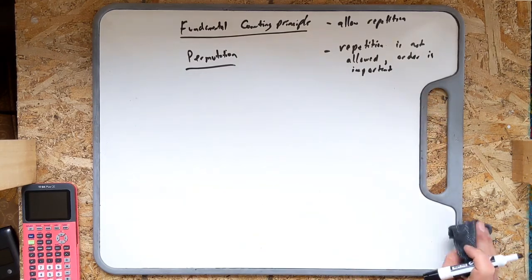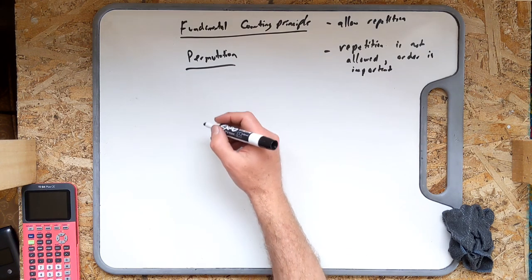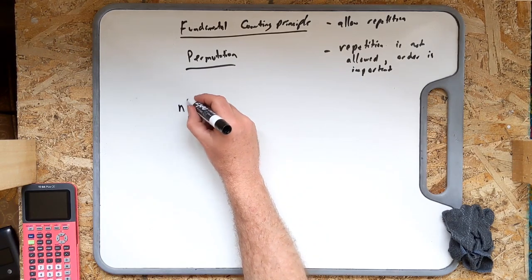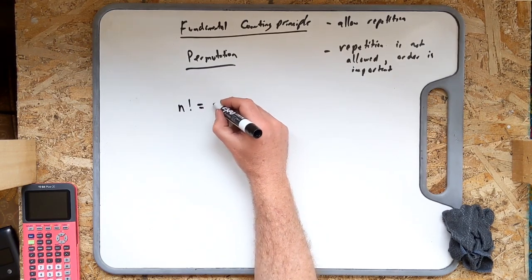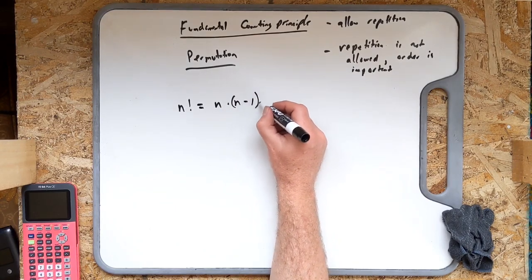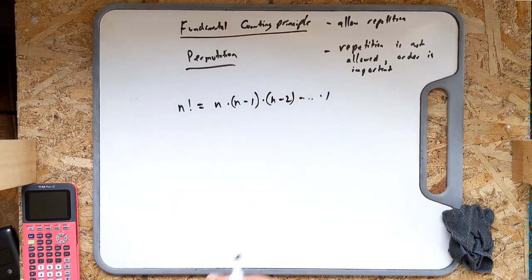Okay, so let me go through some factorial things just as a reminder, and we'll do a couple more examples. Factorials are what we're going to use to calculate permutations. Here's the definition of a factorial. 10 factorial is the first number times 1 less than that, times 1 less than that, and you keep going until you get to 1.